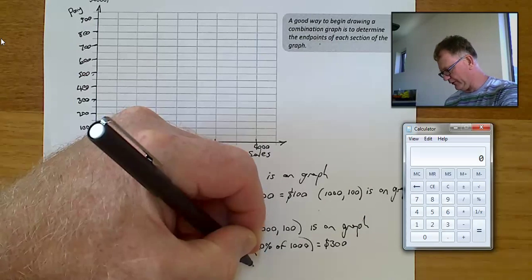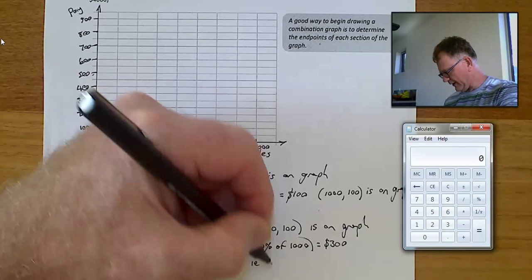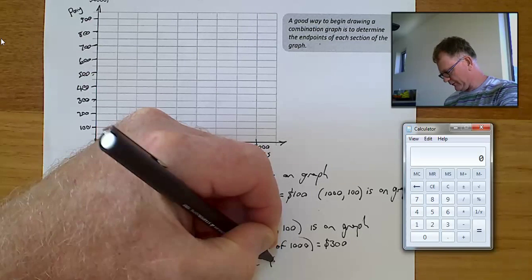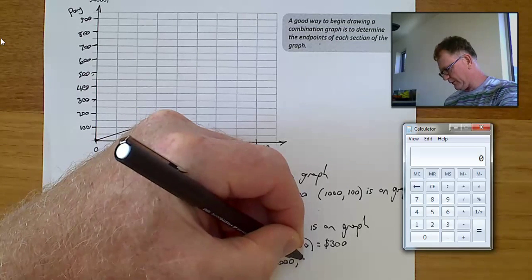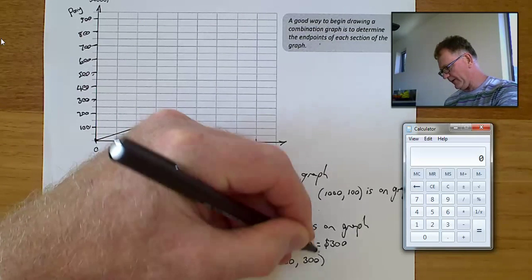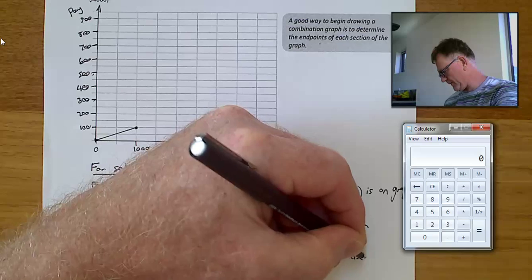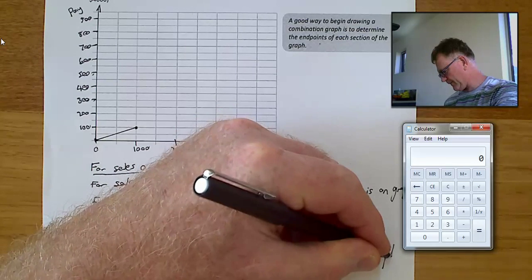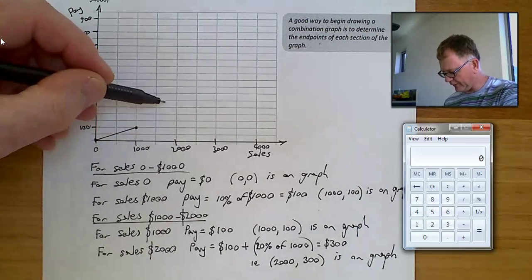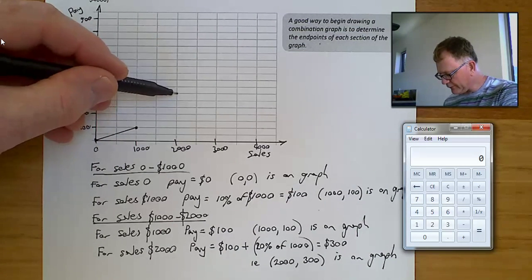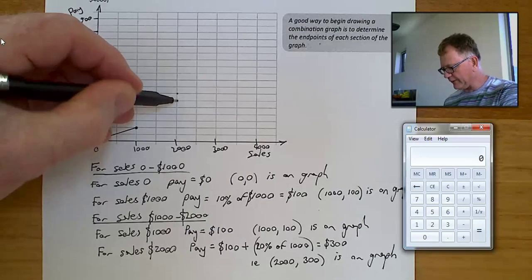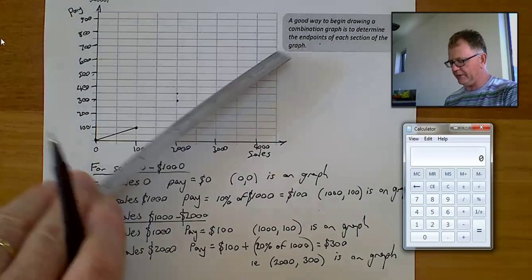So in other words, the point $2,000 worth of sales, pay $300 is on the graph. I'm going to put that on now. $2,000 gets paid $300 is on the graph, and you can connect them together with a straight line.